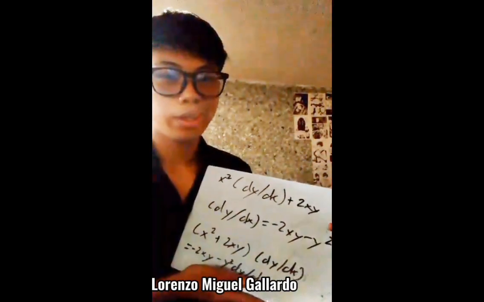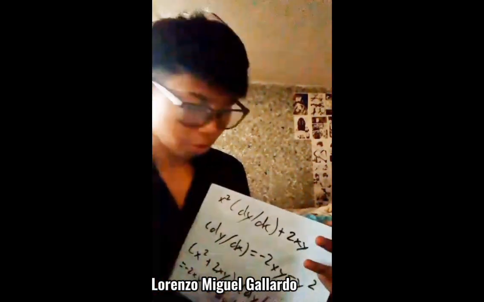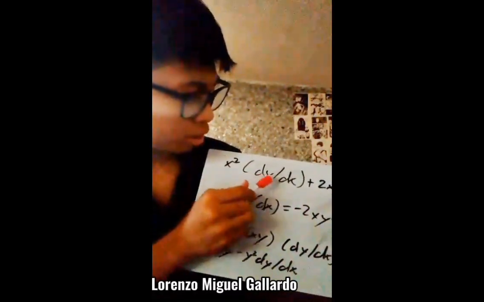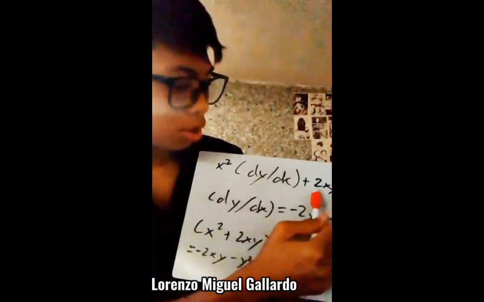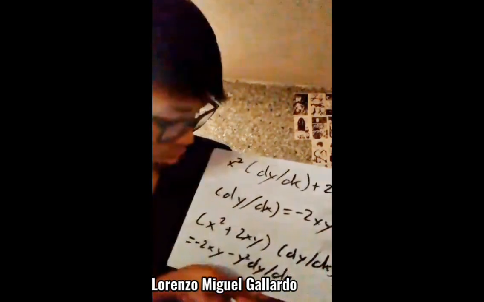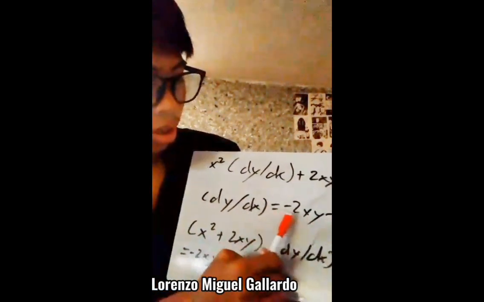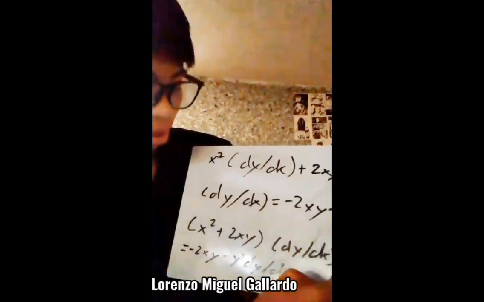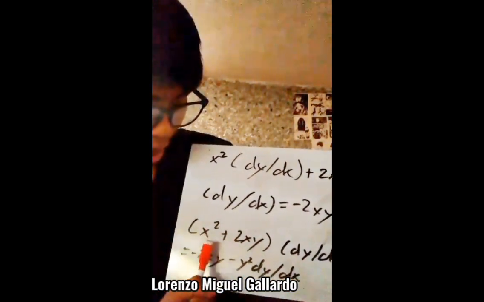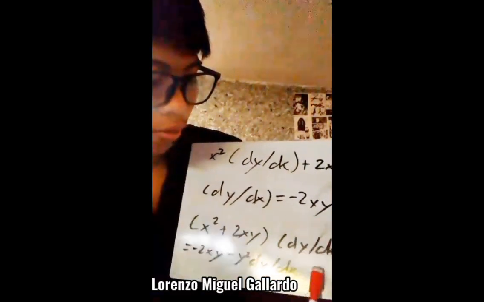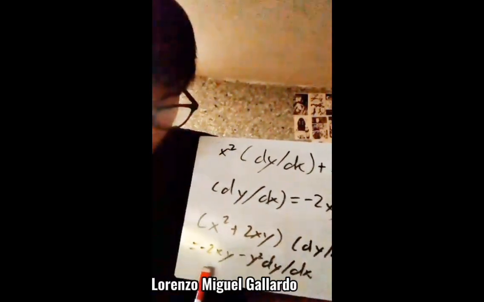Now for the next step, we're going to solve for dy over dx. So we have here x squared times dy over dx plus 2xy times dy over dx equals negative 2xy minus y squared.